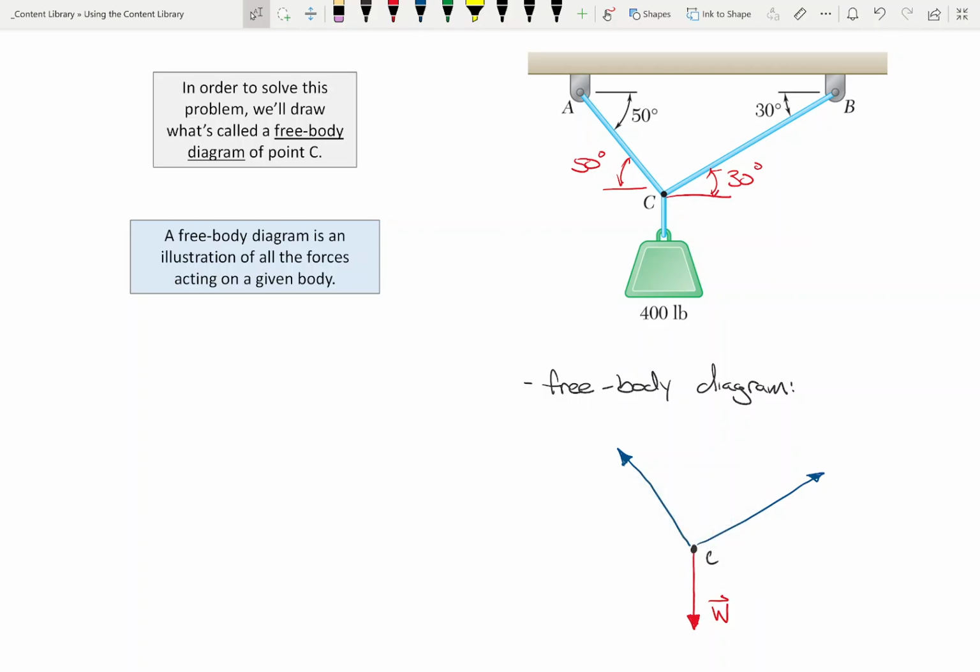Let's call this a tension, and this one as well, but let's call it tension AC and tension BC. I'm drawing these blue because I'm sort of saying my red are my known forces and my blues are my unknowns. But that doesn't really matter, at least for our purposes here.